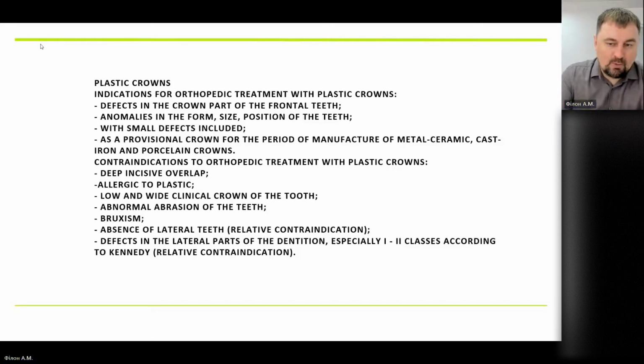So, what does it mean? You cannot use this kind of crown in clinical situations like deep incisive overlap. What does it mean? It means when the patient bites, the plastic crowns are going to break. Allergy to plastic, it's clear.